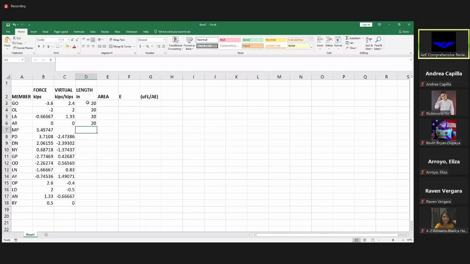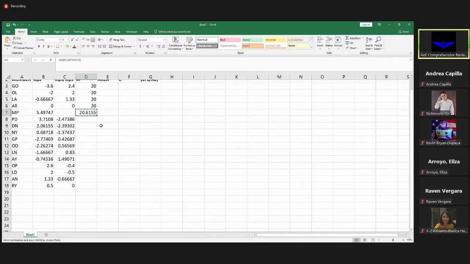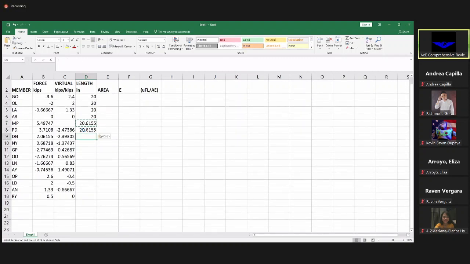Okay, so meron kang 520, that is square root of 20 squared plus 5 squared. So, yan, no? Iisa lang siya mula sa PM, PD, ng mga lower member, DN and NY. Kasi 20 and 5. GP is yung naka horizontal. So yung GP is square root of 20 squared plus 25 squared.